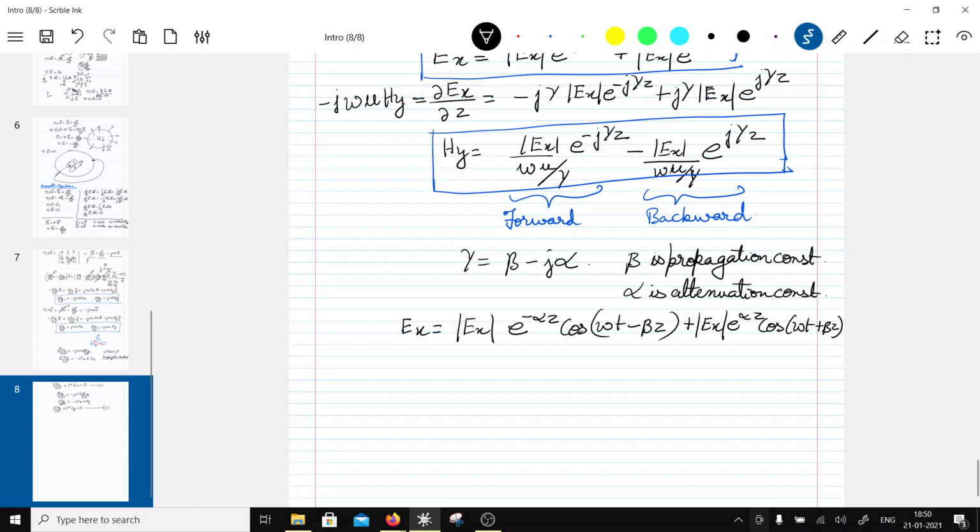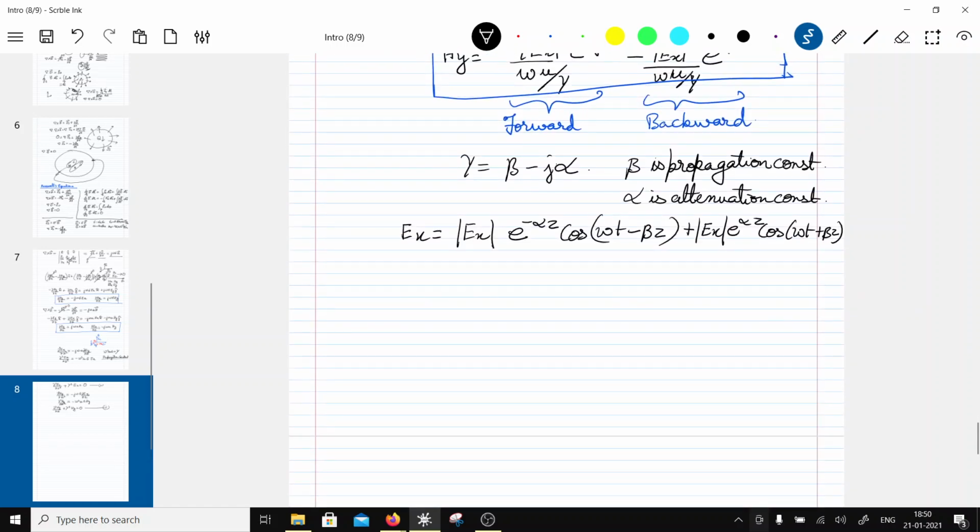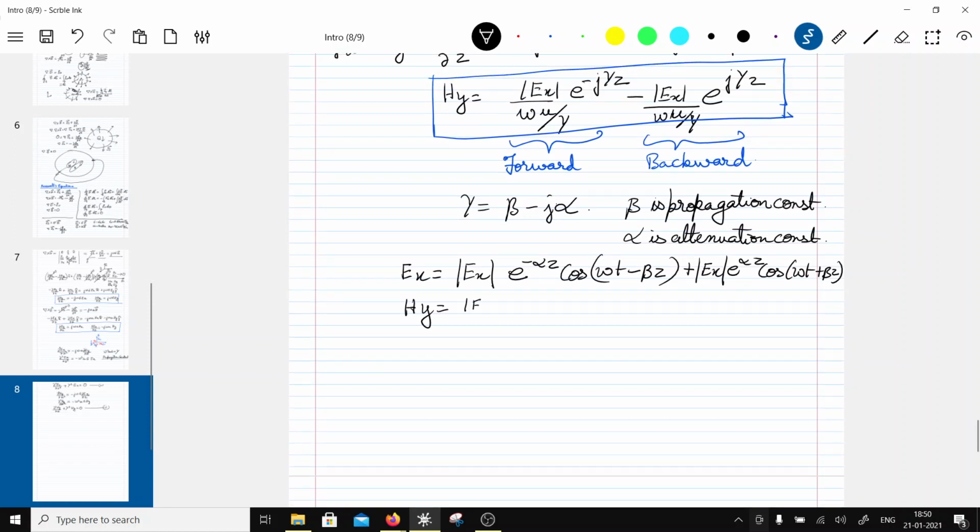Now let me tell you how to read this. Again you can also write Hy is equal to Ex divided by omega mu by gamma times e raised to minus alpha z cos of omega t minus beta z, and minus of Ex e raised to alpha z by omega mu by gamma cos of omega t plus beta z.